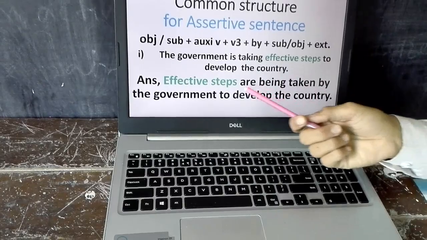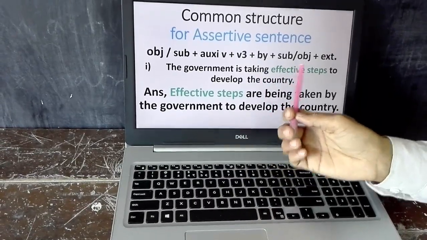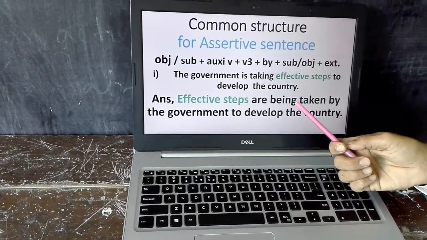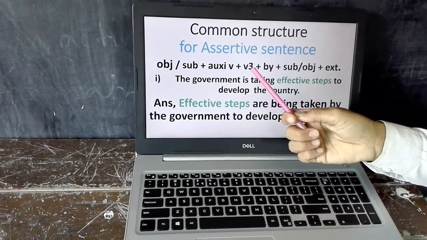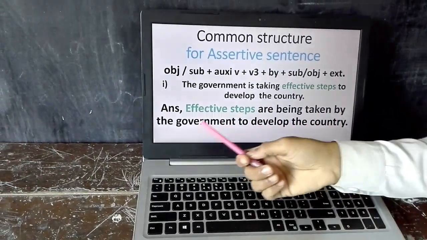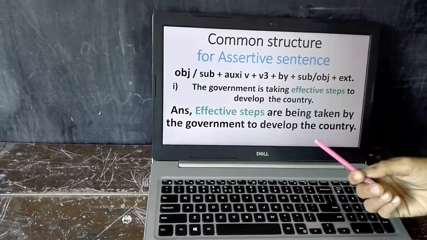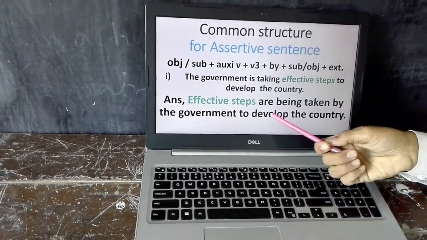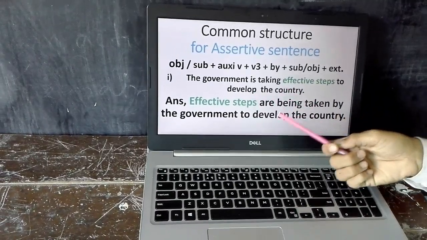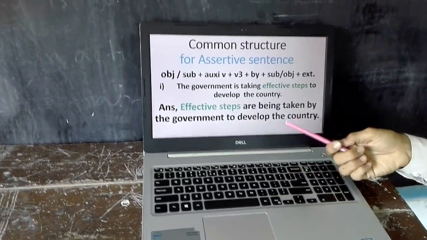So in the passive voice we have written effective steps, that means object as subject, and then the auxiliary verb are being, and then v3 or the past participle form taken, and by the government, that means subject as object, and then the extension to develop the country. Effective steps are being taken by the government to develop the country.